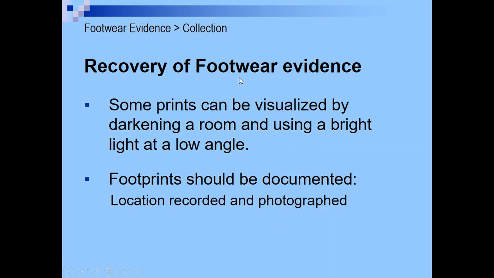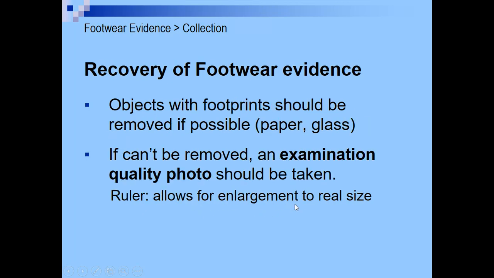Now, you're going to also watch another video that's embedded here in a few minutes, and I have a separate link to that in this particular activity folder. But one of the things you can do is if you don't see shoe prints, you can use different kinds of lights, shining them at different angles on where you think the shoe prints are, and sometimes that will get them to show up. And if that occurs, obviously, then you want to photograph the location and photograph the shoe print in that location.